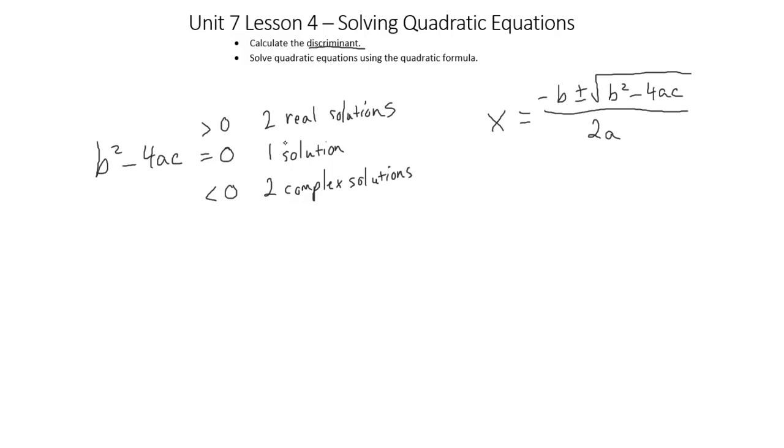And then there's also if it equals a perfect square. This isn't written in most books, but if it equals a perfect square, then you'll have two rational solutions, which just means it's going to be either a nice fraction or a nice integer.